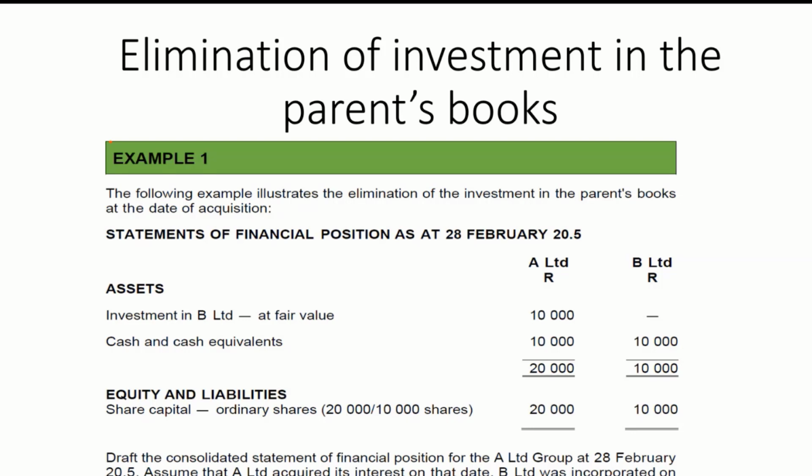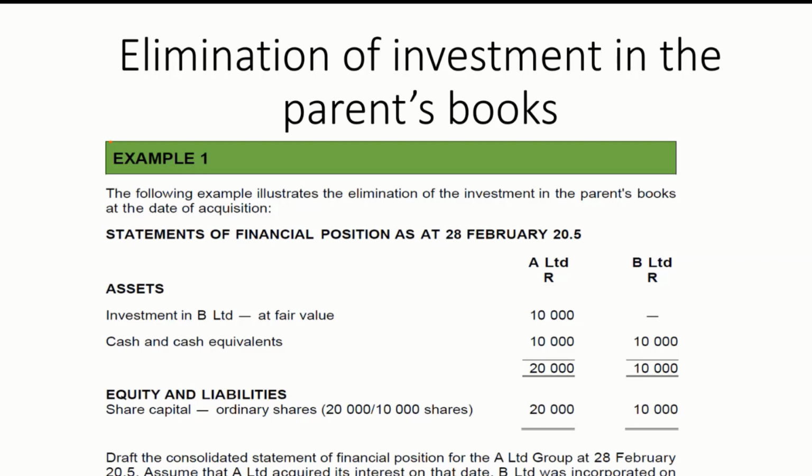It has its own cash and bank. It had its own share capital. But when it acquired B, it put a journal entry in its books to say debit investment of 10,000. And B, on the other hand, made a journal entry to say credit share capital, debit bank. That share capital of 10,000 is what we are seeing here under share capital, ordinary shares of 10,000.